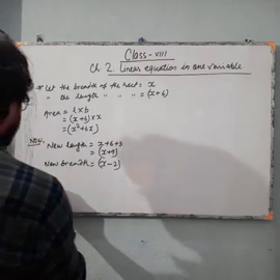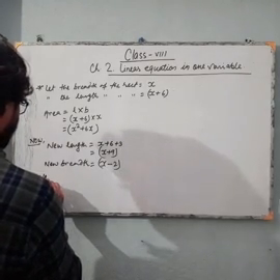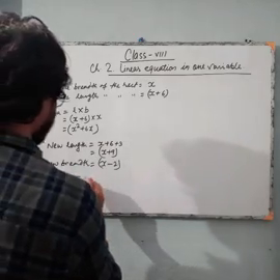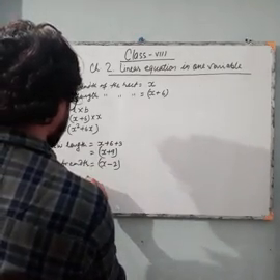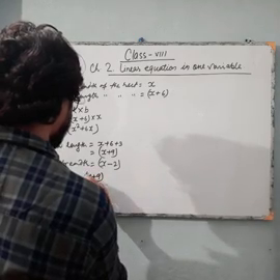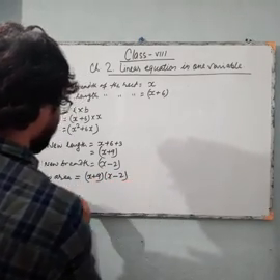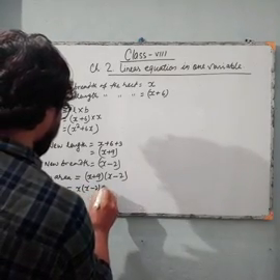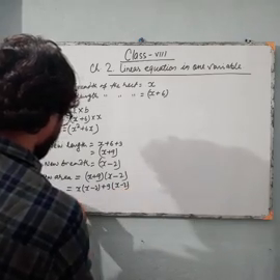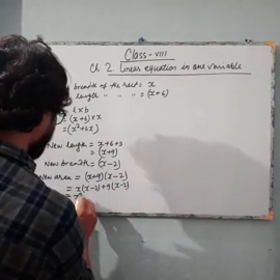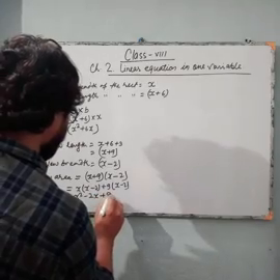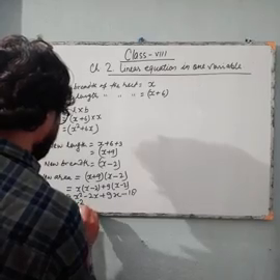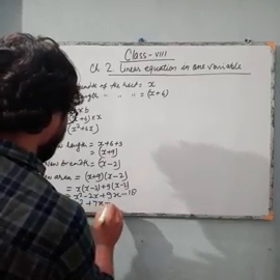We have to find the new area. Hence, new area is equal to, we can write length into breadth, that is x plus 9 into x minus 2. Okay? Is equal to x into x minus 2 plus 9 into x minus 2, or equal to x square minus 2x plus 9x minus 18, is equal to x square plus 7x minus 18.